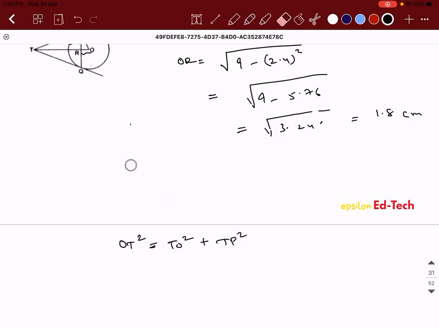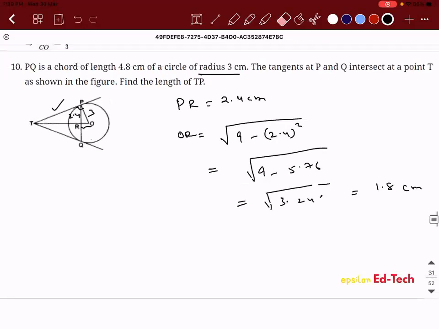Okay. So, did you understand till this step? Yes, sir. Okay. So, what is our job? We need to find PT square, right? So, for that, if I take this as some x, and if I take this as y, can I say x plus 1.8 the whole square is equal to 3 square plus y square?